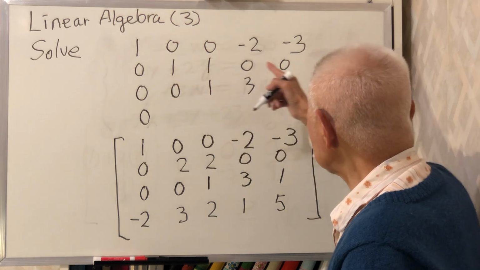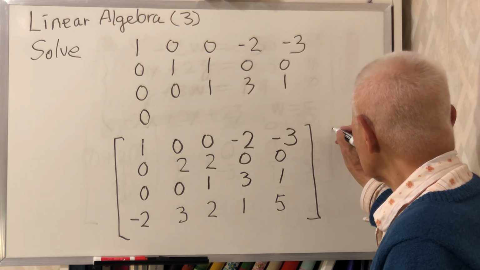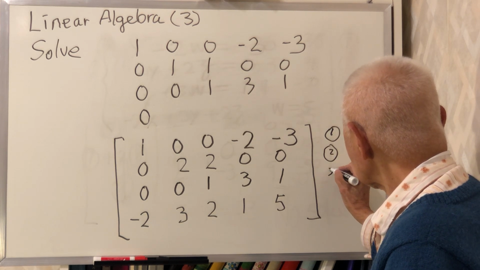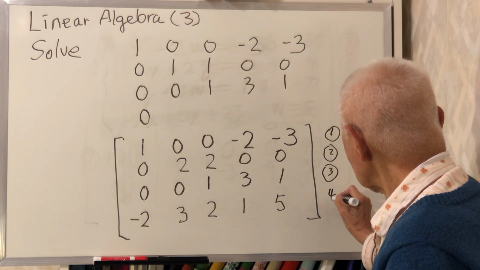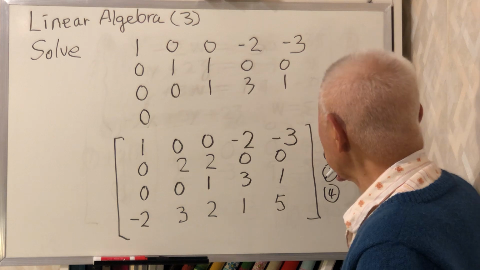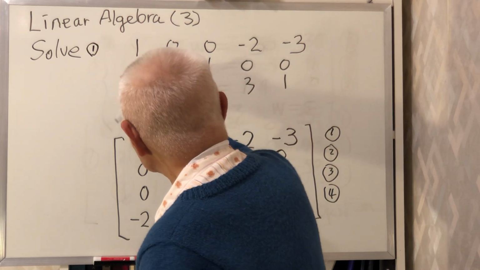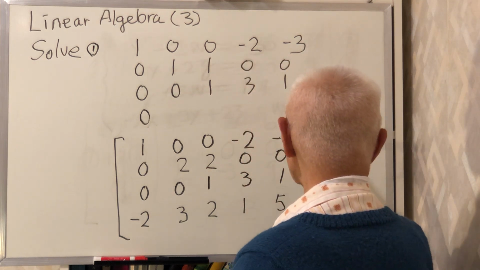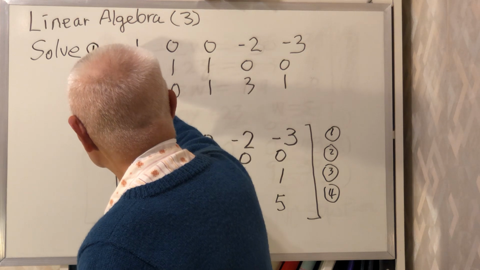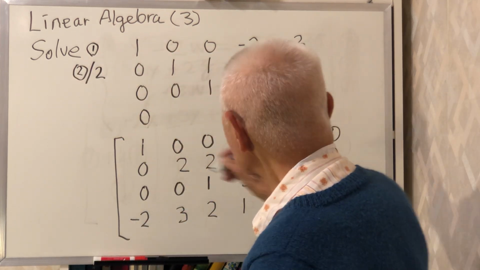So this is just number 1. This is row 2 divided by 2. This is row 3.